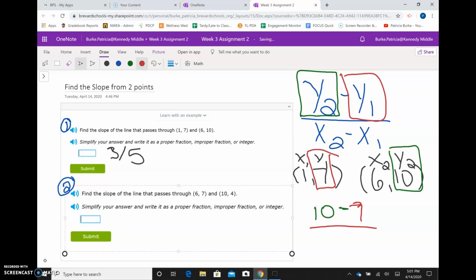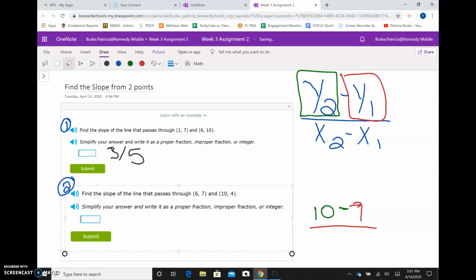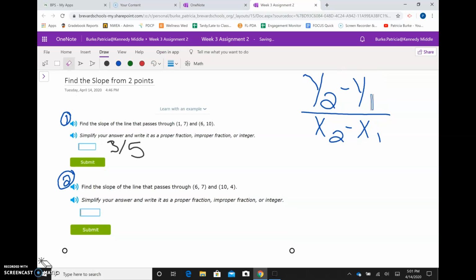Oh, you know what? I just noticed I'm doing the wrong problem. Let's erase that and pick our actual two points from problem 2. That would probably work out well, wouldn't it? Oopsie doodle. See, everyone makes mistakes. It's okay.